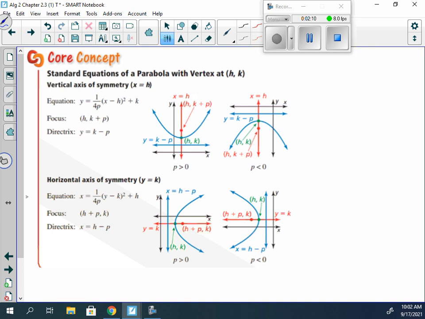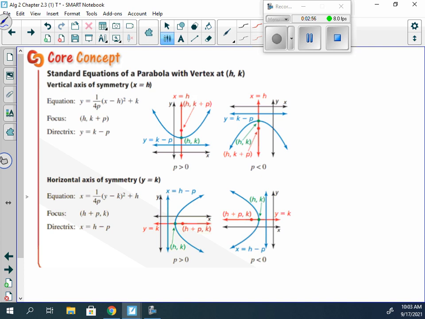Y is equal to 1 over 4p, parentheses, x minus h squared plus k, where the focus is h comma k plus p, and the directrix, make sure I'm spelling this right, directrix, is y is equal to k minus p.